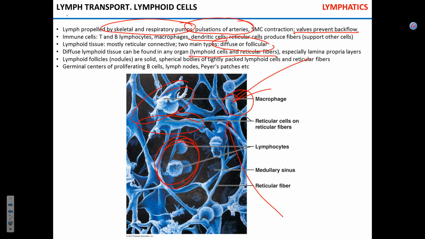Now, follicular lymphatic tissue, follicular lymphoid tissue, found in lymph nodes, Peyer's patches. Okay? And in lymph nodes, Peyer's patches, tonsils, you're going to find an accumulation of B cells and T cells that are exposed to the antigen and are proliferating and differentiating in response to that exposure.